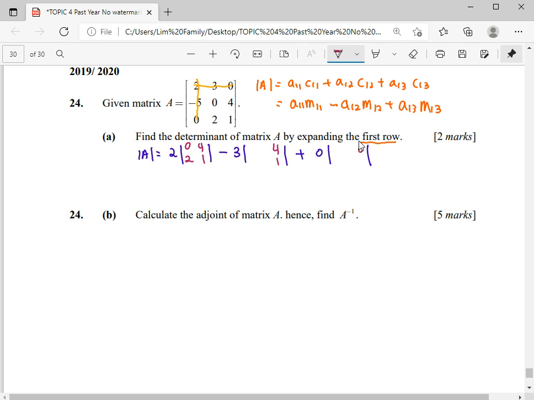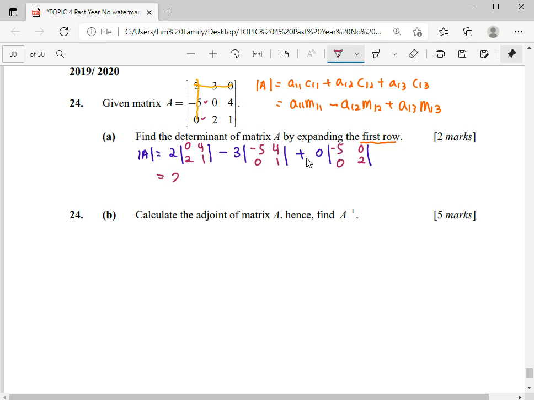So it will be 0, 2. What is the entry that is empty here? We refer to the vertical entries that we crossed on the first column, which are negative 5, 0, negative 5, 0.